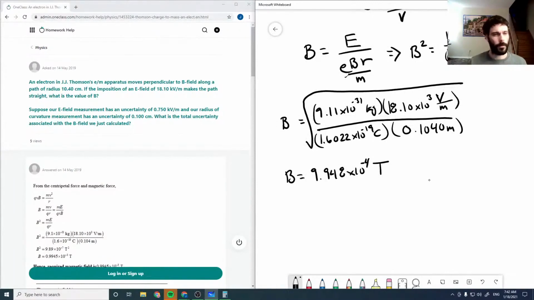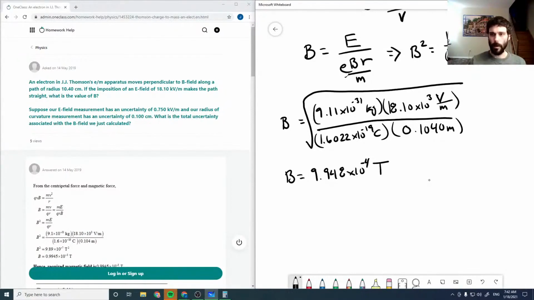Suppose our E field measurement has an uncertainty of 0.750 kilovolts per meter, and our radius has an uncertainty of 0.1. What is the total uncertainty associated with the B field?